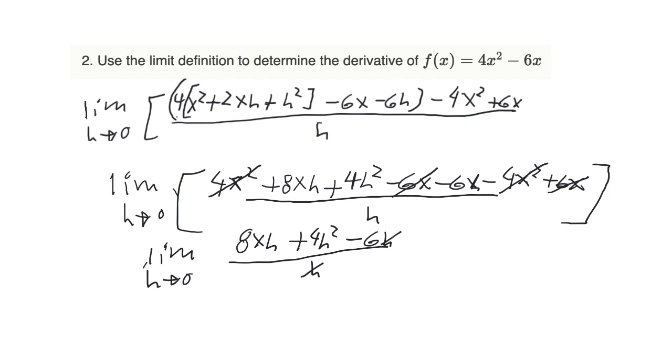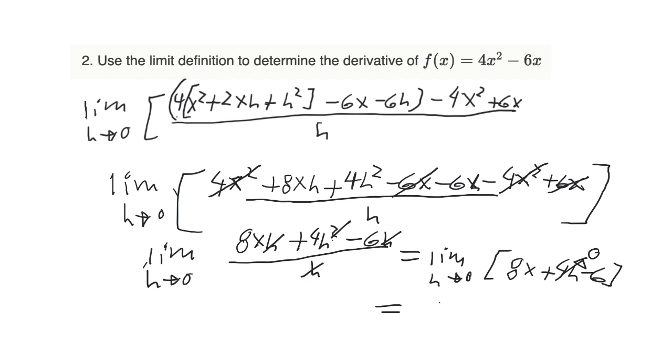The h cancels with the h in all of these, leaving us with the limit as h goes to 0 of 8x plus 4h minus 6, which when h goes to 0 we can just substitute in here and get 0 for the h terms, leaving us finally with the derivative of f of x is equal to 8x minus 6.